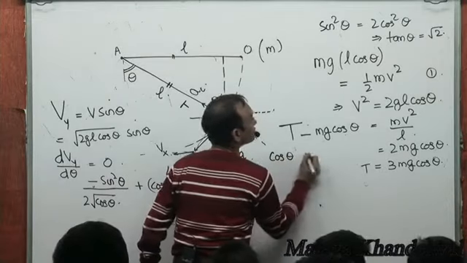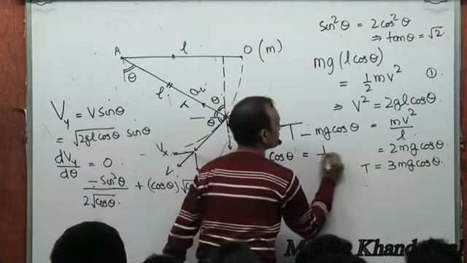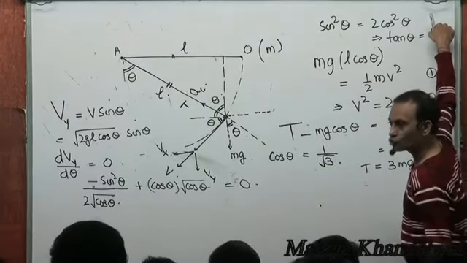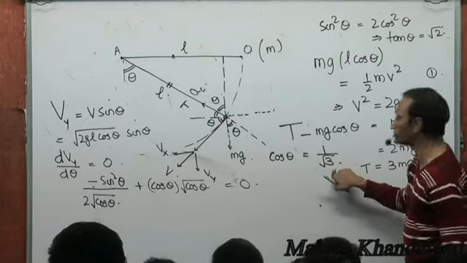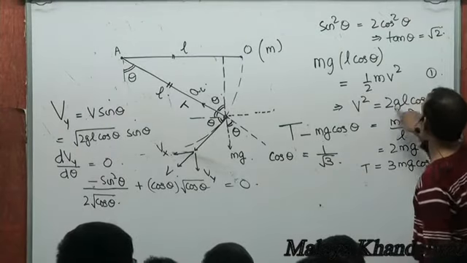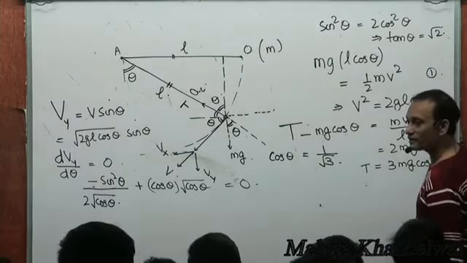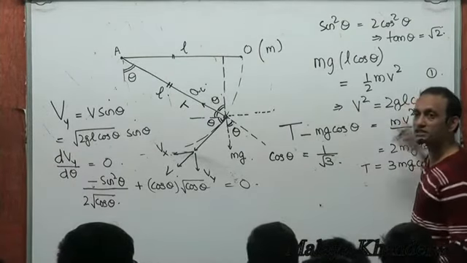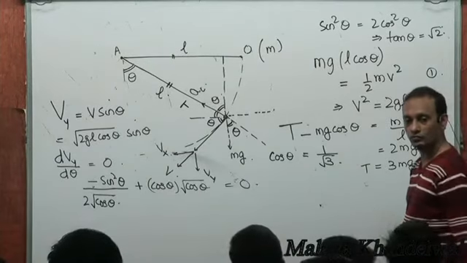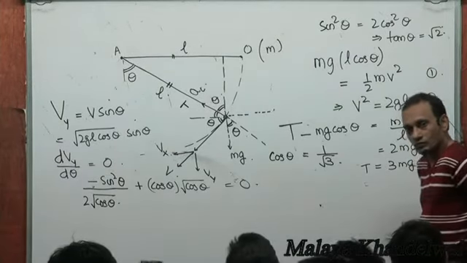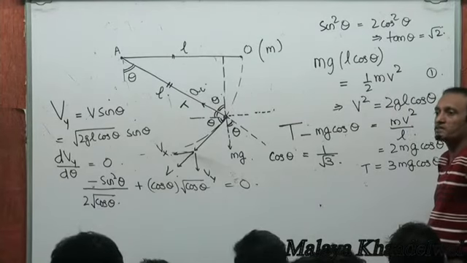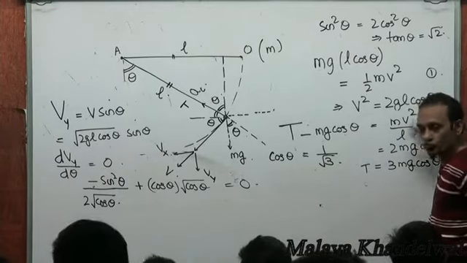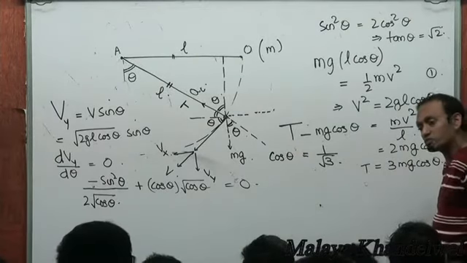If tan theta is root 2, cos theta would be 1 by root of 2 squared plus 1, which is 1 by root 3. So you can plug in cos theta is 1 by root 3, and V could be obtained from these considerations. Such must be theta.